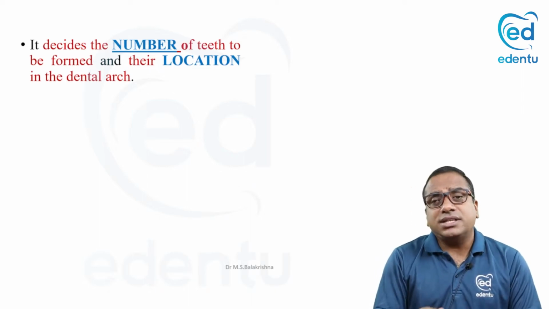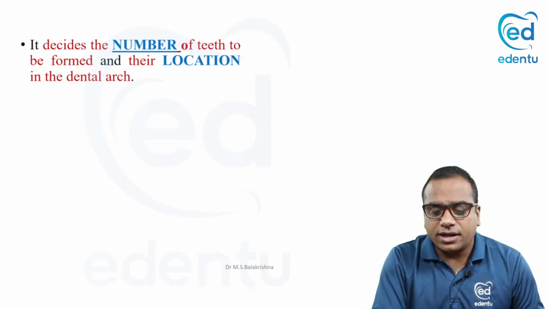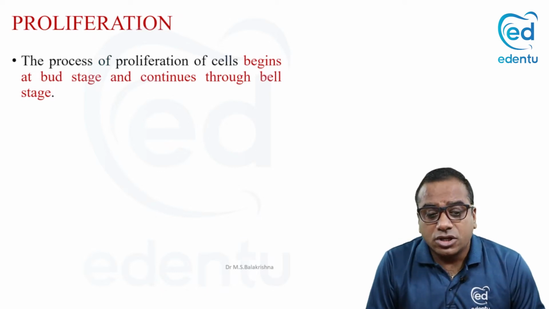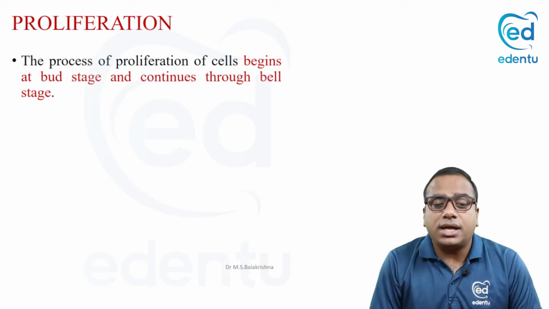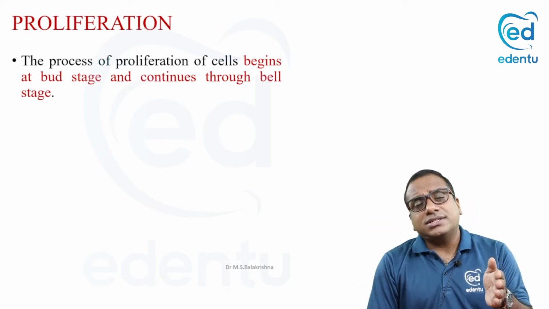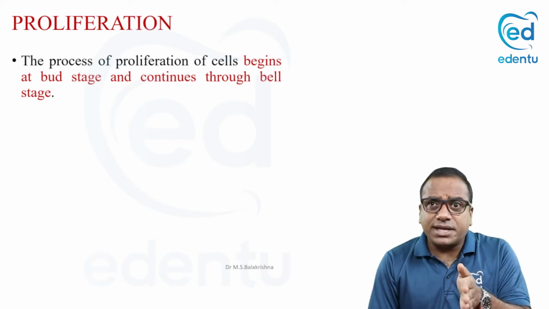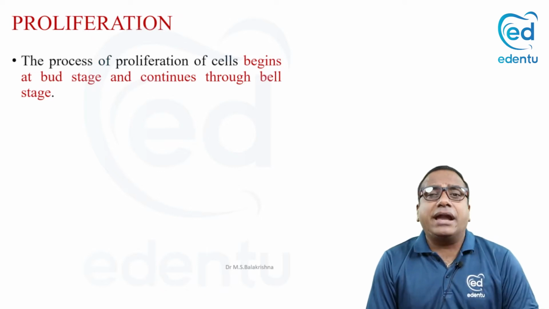The next phase, once the initiation is over, is where the cells will try to proliferate. So the next stage is the stage of proliferation. In this stage, the process begins at the bud stage and continues through the bell stage. We have discussed the bud stage, and then the cap stage, early and late, and then the bell stage, early and advanced.